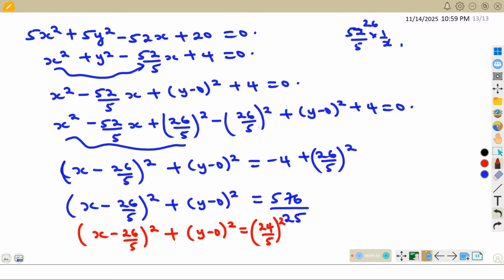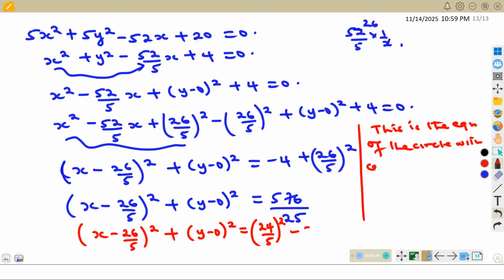So that will be the equation of a circle, of which we can now easily get the center. So from this we can easily say that this is the equation of the circle, with center 26 over 5 and 0, and the radius is 24 over 5.